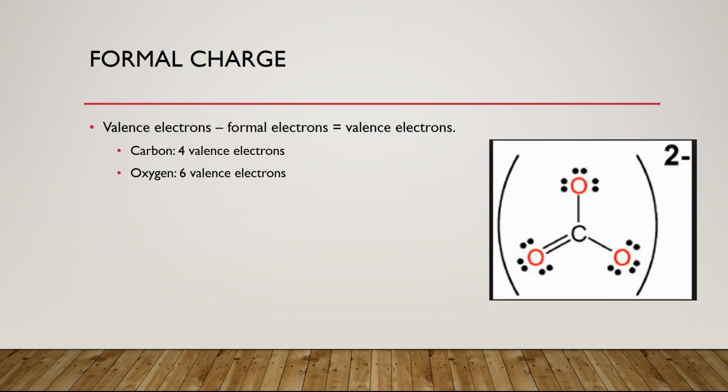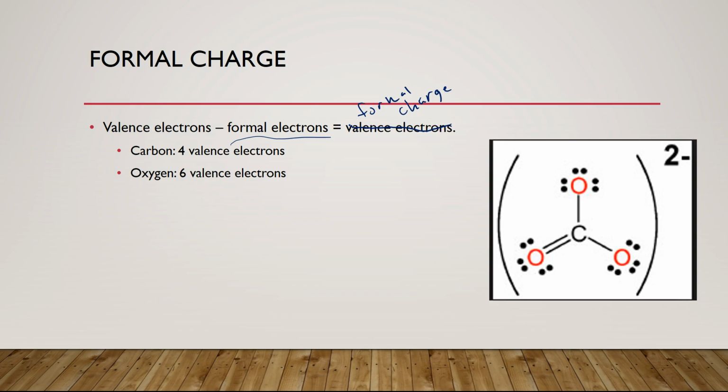So formal charge is a simple calculation between the number of valence electrons an element has minus the number of formal electrons shown in the Lewis structure. I should say formal charge. Sorry about that.